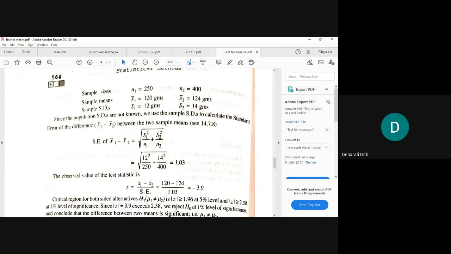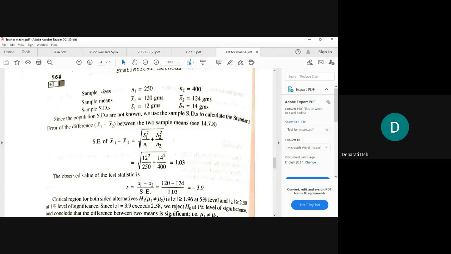So what will you do? First you make 12 square and see how much it is. 12 square means 12 into 12. You see this in your calculator, and the number which you get, you divide by 250. Then 14 square, you divide that number by 400.